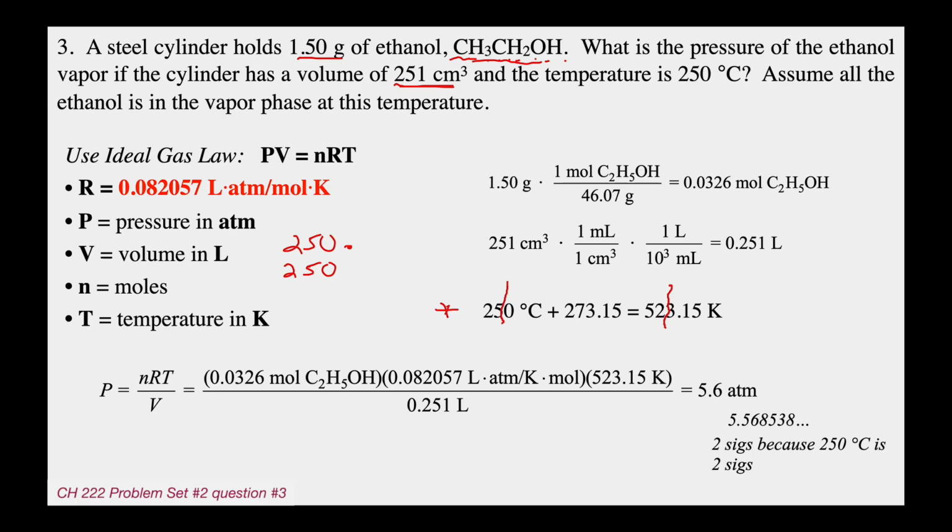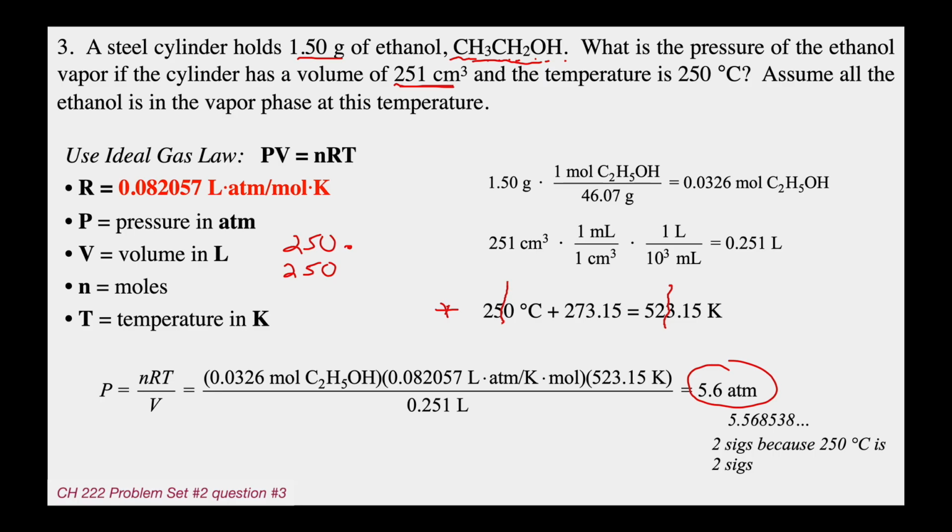You want to use the whole 523.15. But because the temperature should have been a 2 sig fig number, that's why the very best answer here is 5.6 atmospheres. That temperature is enough to kind of mess up everything. Even though it looks like it should be 3 sig figs, it's technically 2 sig figs, 5.6.